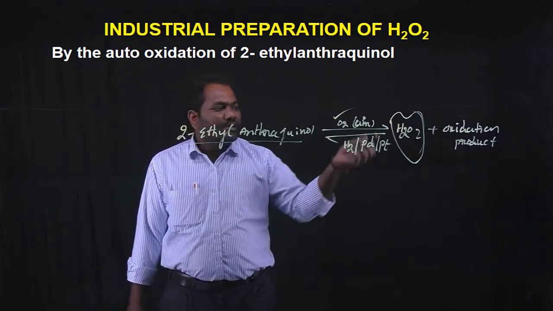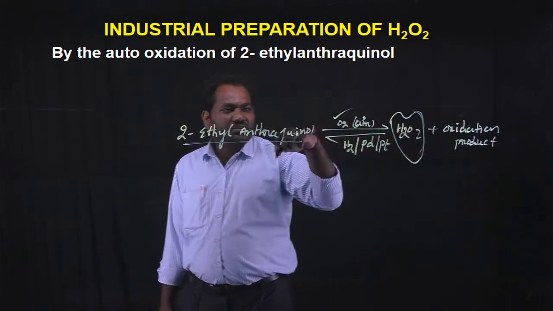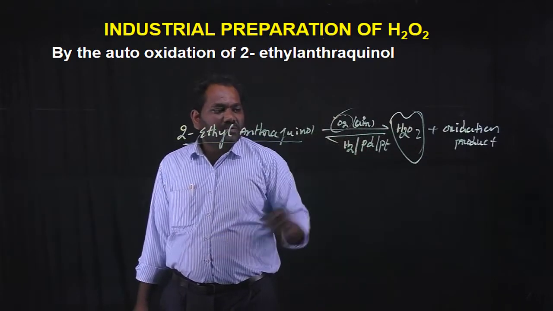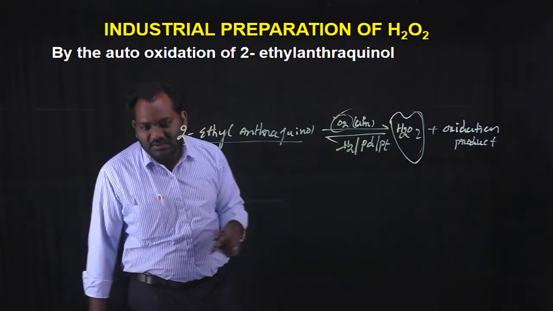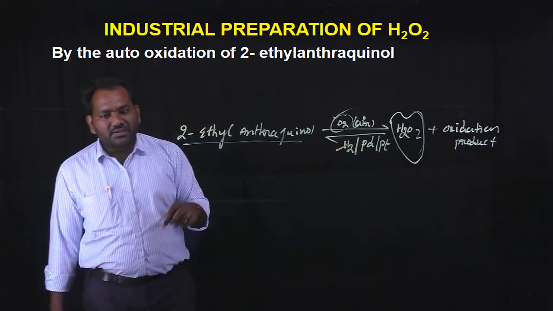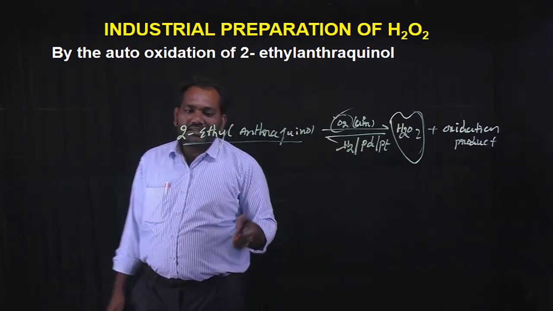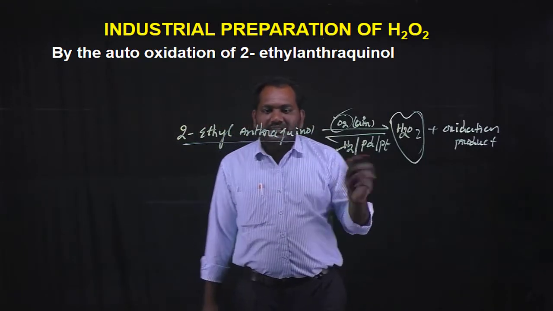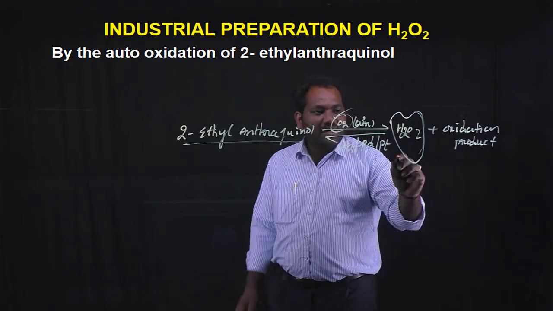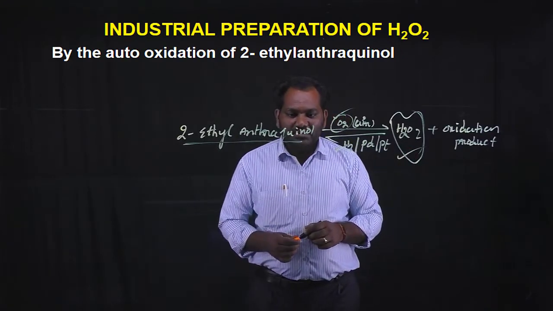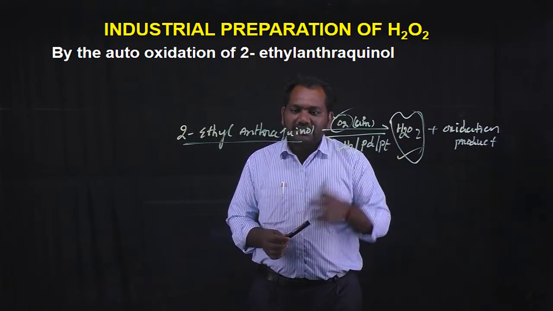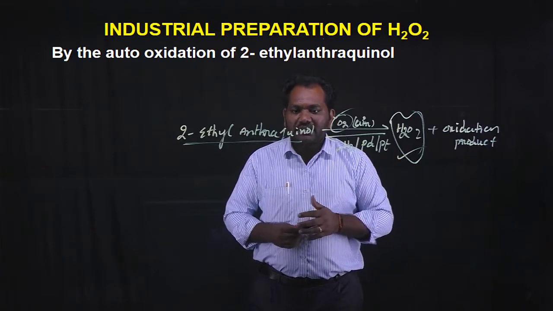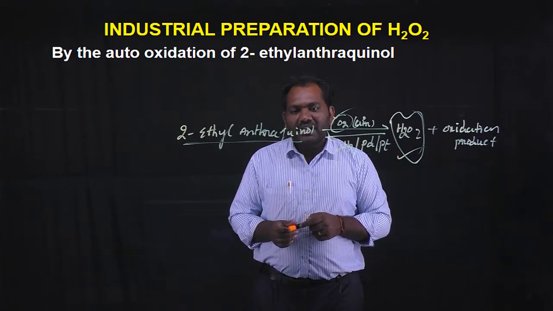The same anthraquinone is converted back to 2-ethyl anthraquinone at less concentration of O2 and more concentration of H2 in the presence of that Pt or Pd. Like this, industrially we can prepare a large amount of H2O2. That reaction is nothing but auto oxidation of 2-ethyl anthraquinone.